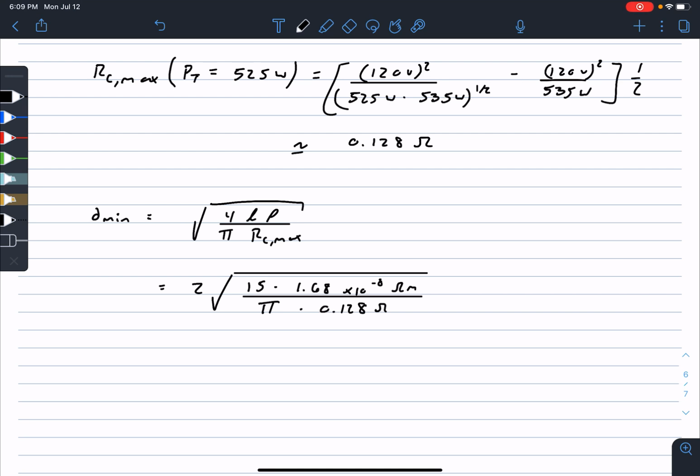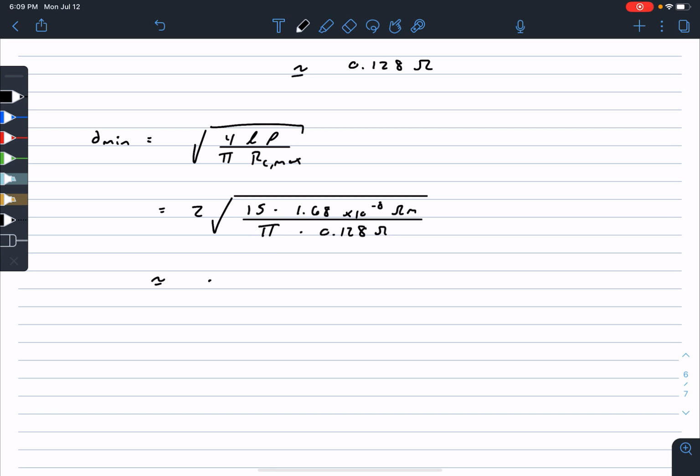So I plug all of this in, just double checking what I did here. And then I get a value of approximately 1.6 millimeters.